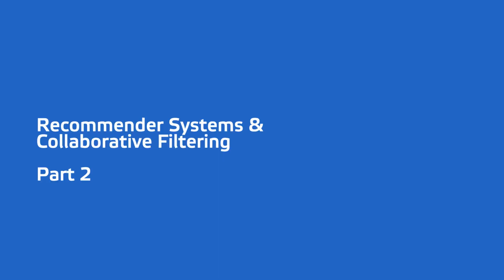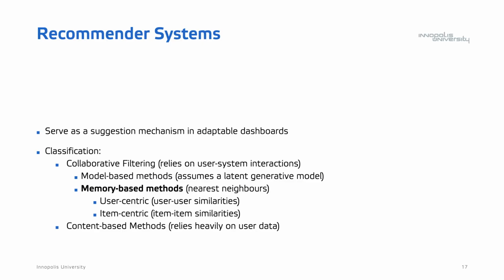Okay, so we move on to the method that we use, that is collaborative filtering. There are so many areas of collaborative filtering. However, all of them serve as a suggestion mechanism, and in particular here in our adaptable dashboards. So there's this huge classification going on.